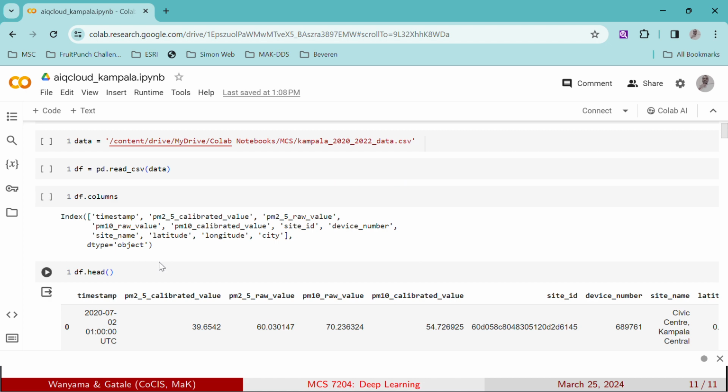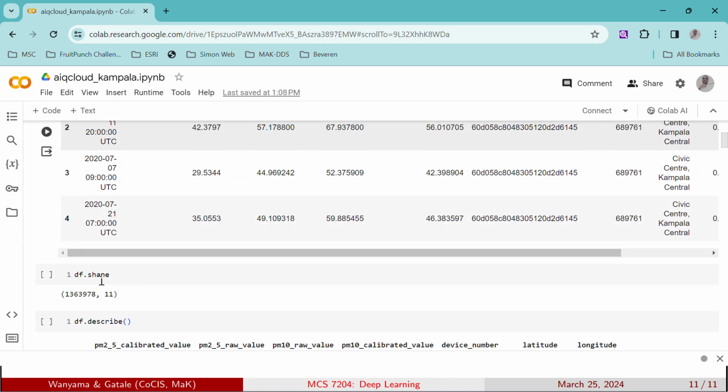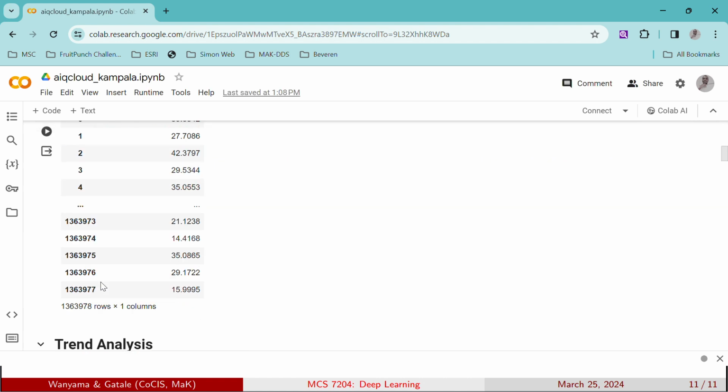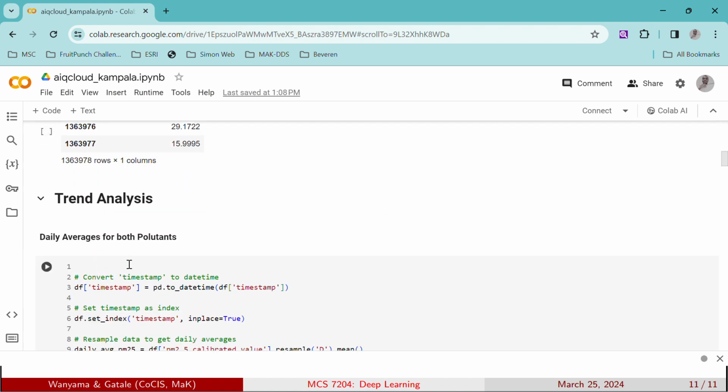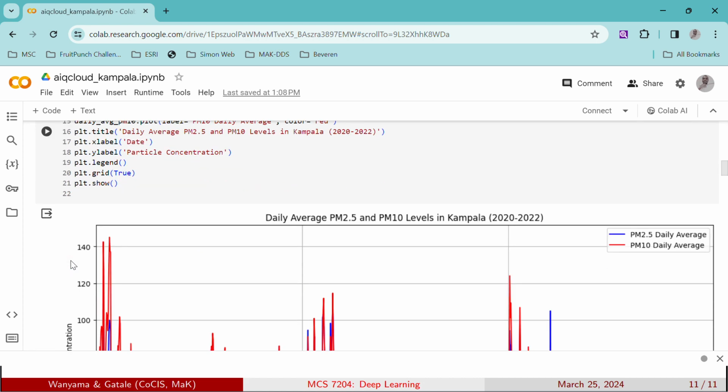Yeah, so the EDA that we did, as you can see, the parameters that we have. You can go on and then we present the trend analysis showing the different trends, then the data averages for both pollutants.